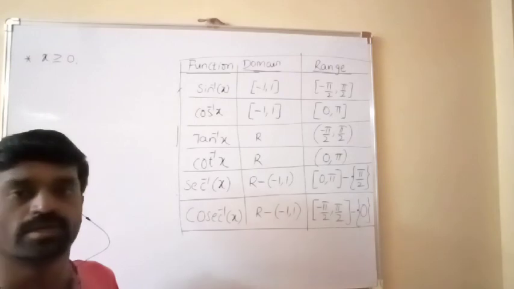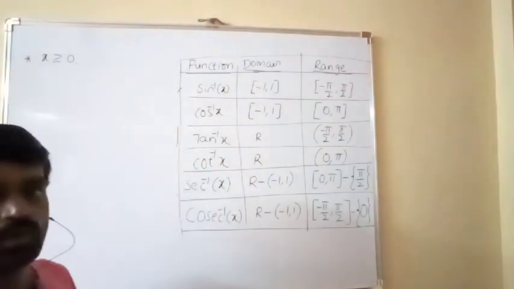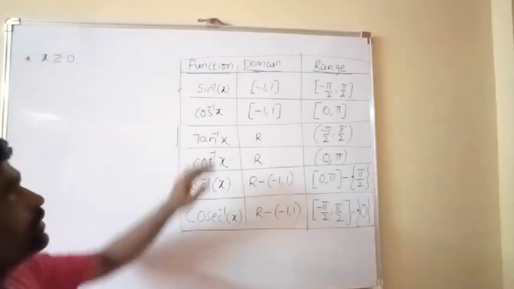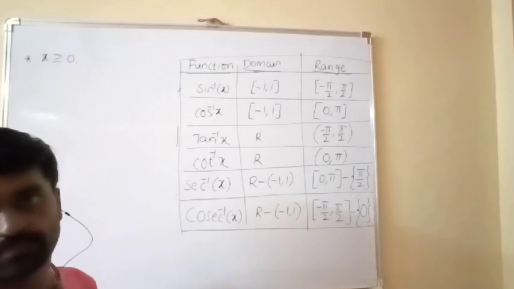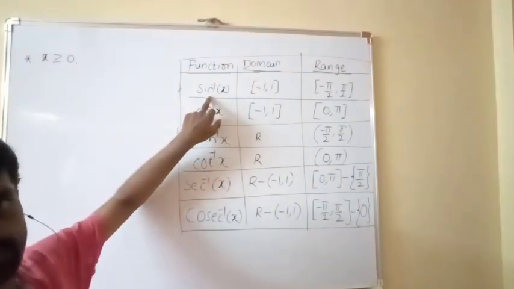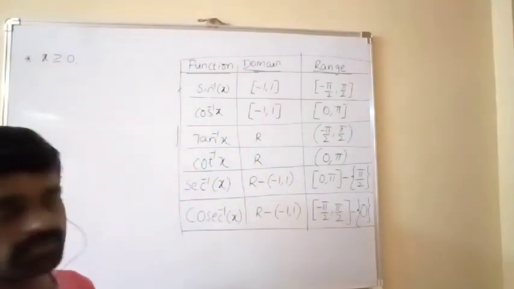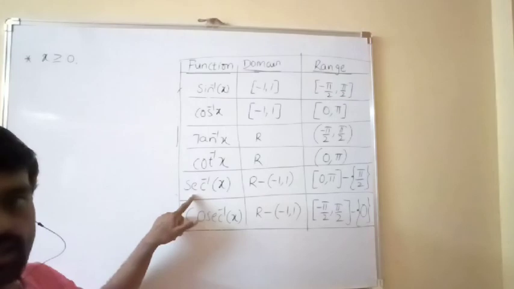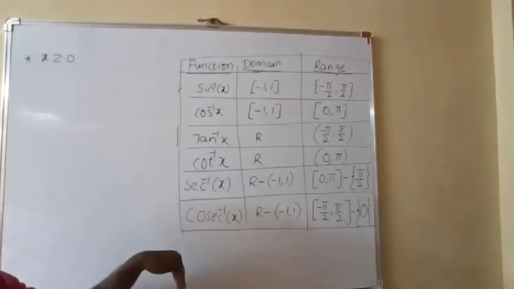Anyway, I forgot to give one more thing. All these 6 functions are angles only. So what is sine inverse x? It is an angle whose sine is x. And cos inverse x is an angle whose cosine is x. And secant inverse x is an angle whose secant is x. So all these 6 functions are clearly angles only.